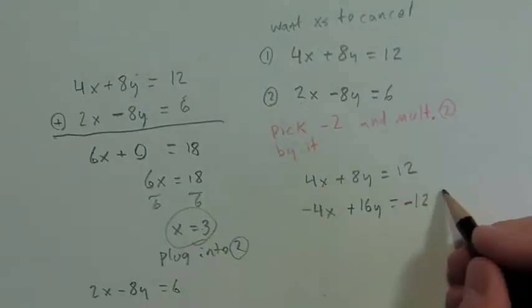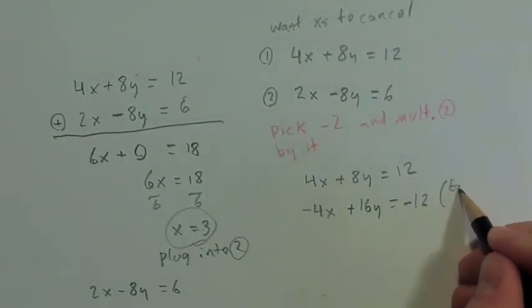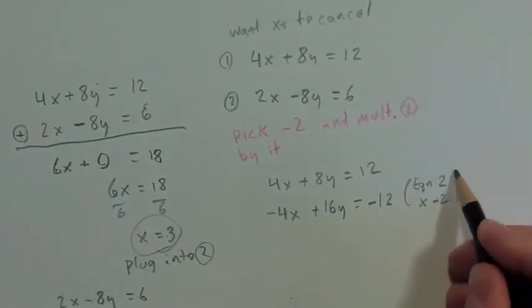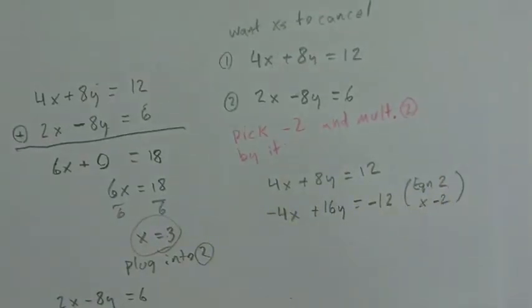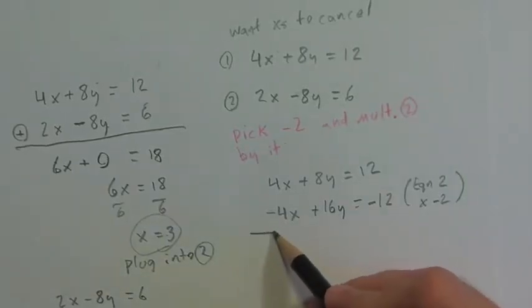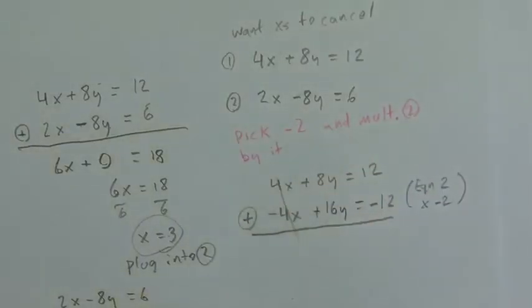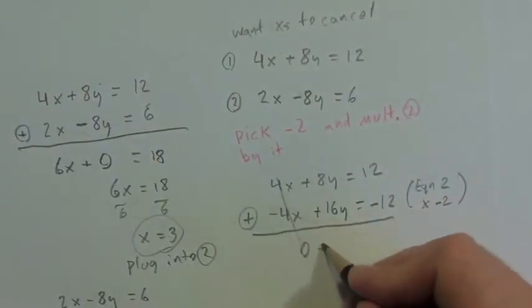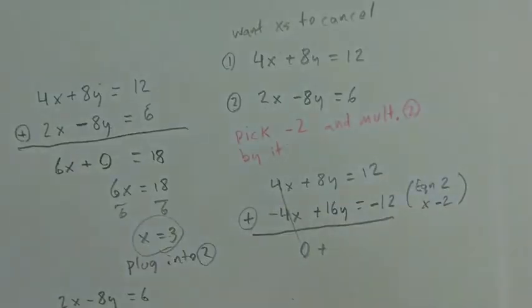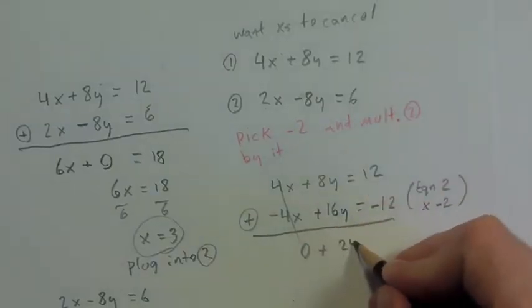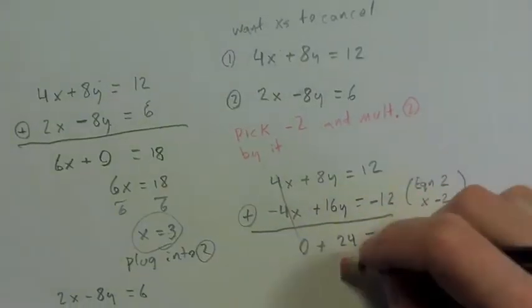So this is equation 2 times negative 2, being a little sloppy with my notation there. But the reason is, now if I decide to add these together, the x's cancel. So I get 0. And then I have this 16y plus 8y, which is going to be 24y, not just 24.